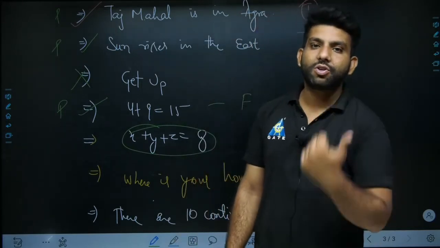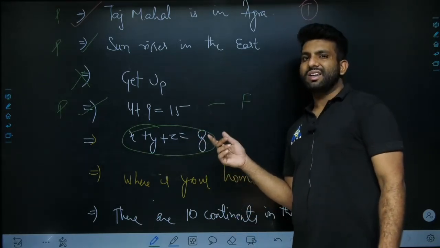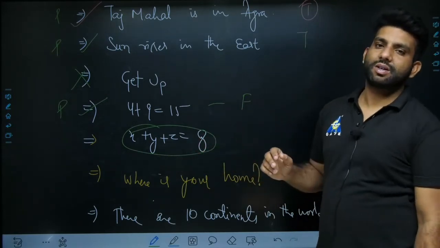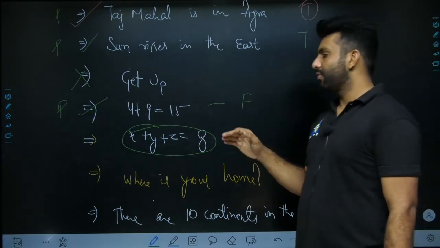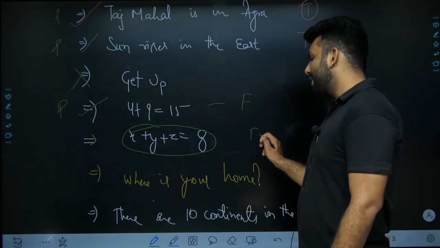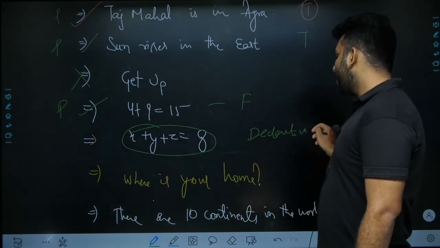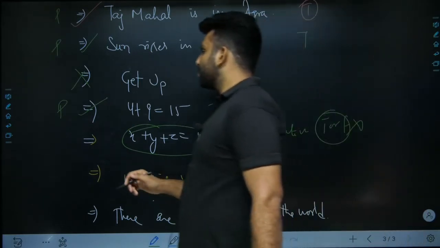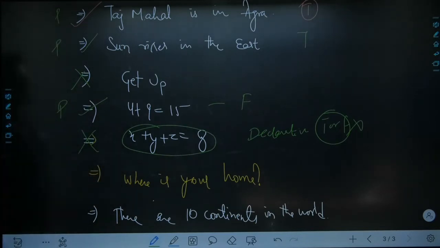I will not be able to determine whether its value is true or false unless I know exactly what the values of x, y, z are. So it was a declarative statement, but whether it is true or false was in doubt. Therefore it's not a proposition, simple.